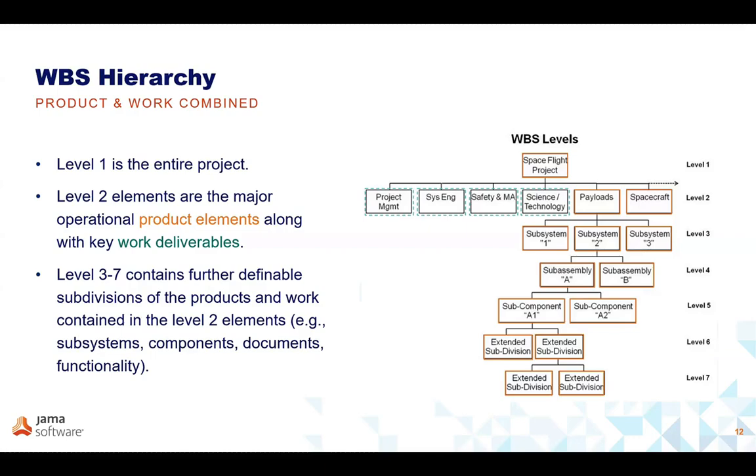And then levels 3 through 7 are just representing how you're furthering the decomposition of the products and the work. So the work in this drawing is in green, is only at level 2. But each of those levels, level 3, 4, and 5, those are also going to have the work deliverables mixed into that hierarchy. And so this is what makes up your overall work breakdown structure.